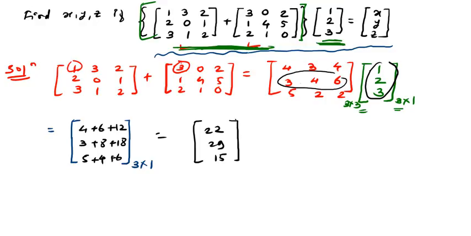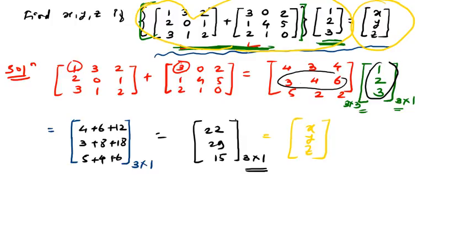So this is the matrix which is of order 3 by 1, and in the given example this whole value is equated with this column matrix x y z. So this is equal to the matrix x, y and z.